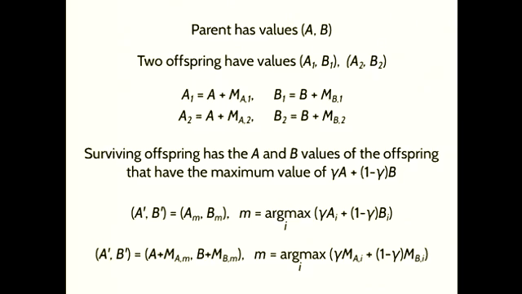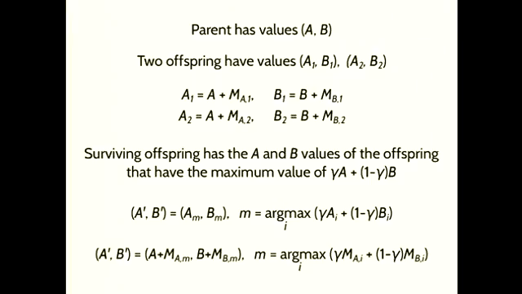And similarly for the B values. Then the surviving offspring is the one that has the A and B values that give the maximum value of this quantity, gamma A plus 1 minus gamma B, the thing we're ranking by. The notation is rather messy, but the A and B pair in the next generation is the pair from this generation's offspring that maximizes this quantity.